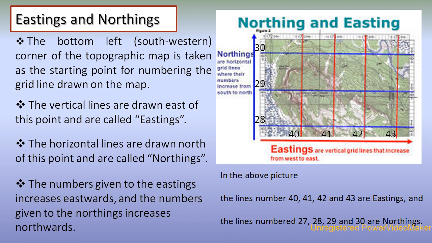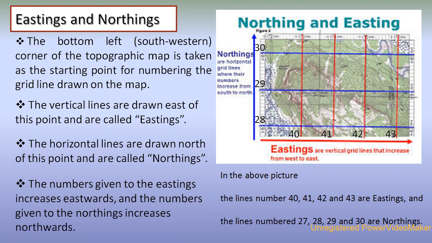To identify features, we know that there are vertical and horizontal lines in the map which form the grid. Each line has a number, that is the name of the particular line.